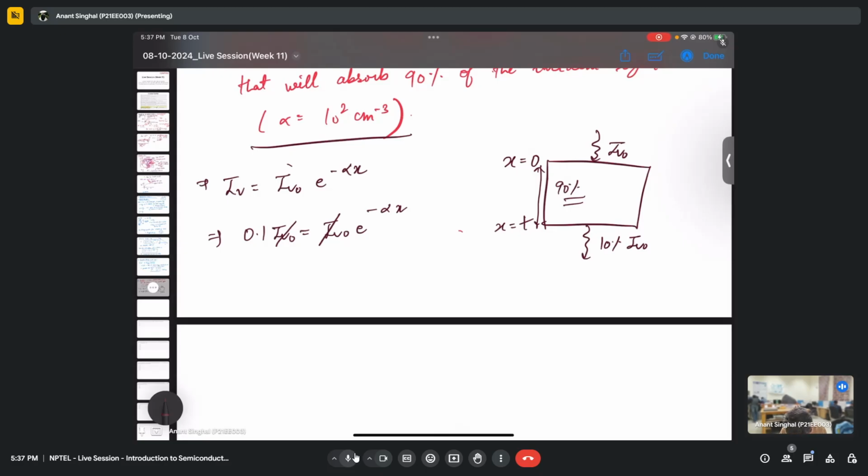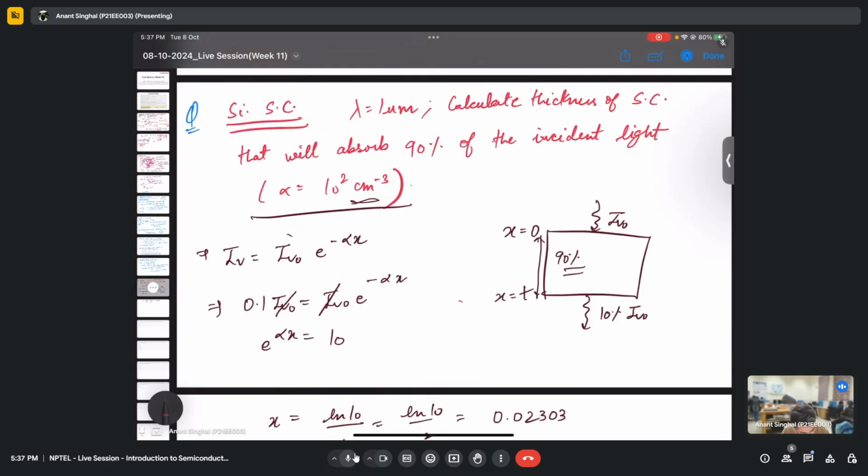So it is 0.1, so exponential of alpha x is 10. Taking log on both sides, x is ln 10 by alpha, right? Ln 10 by alpha, so ln 10 by alpha is ln 10 over 10 raised to 2. Ln 10 is 2.303, so it is 0.02303.